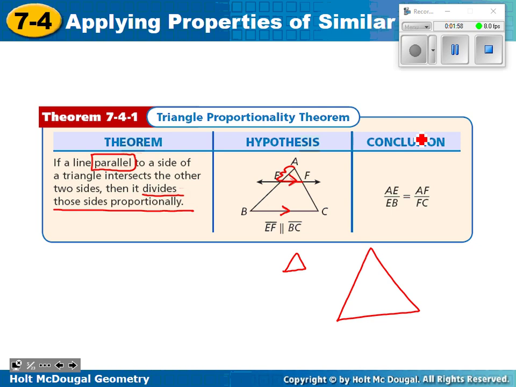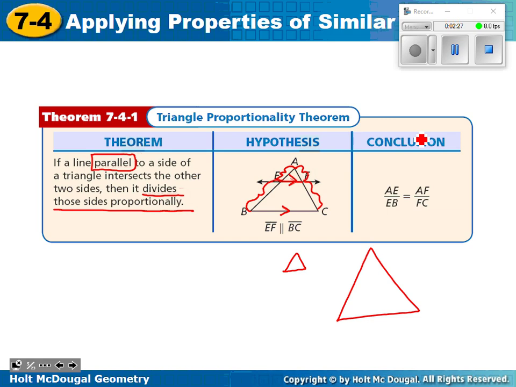But if this line is parallel, then the shortcut is AE over EB will always be the same as AF over FC. So it splits the sides proportionally. The 2 pieces of one side will be proportional to the 2 pieces of the other side. Does that make sense? If it's not parallel, you cannot do that. You would have to redraw little triangle, big triangle, relabel, and then compare corresponding sides of the triangles.